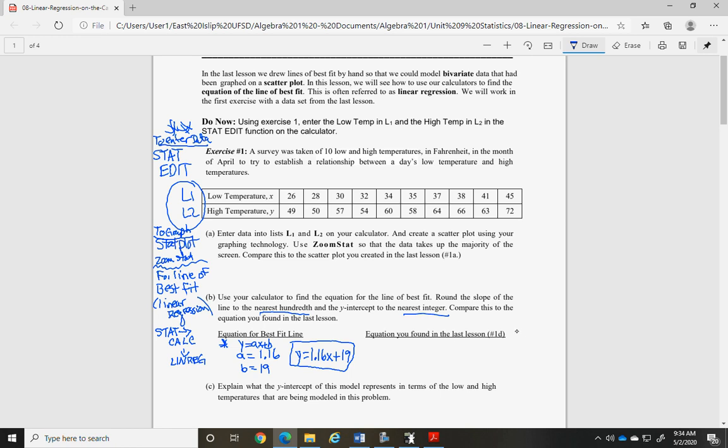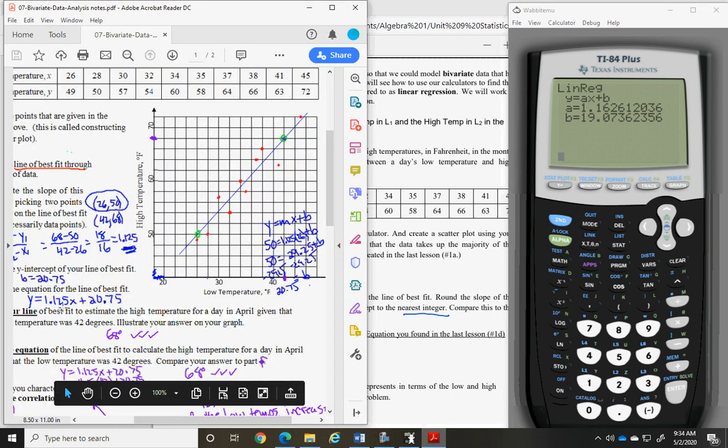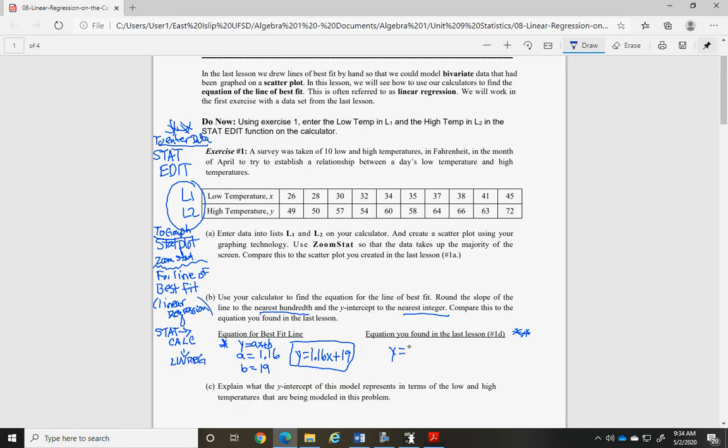Over here it's asking us to write down what we got in lesson 7. So remember, it was y equals 1.125x plus 20.75. And take a look at these two equations.